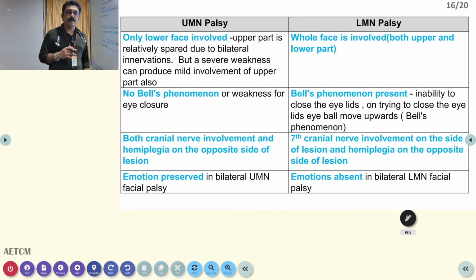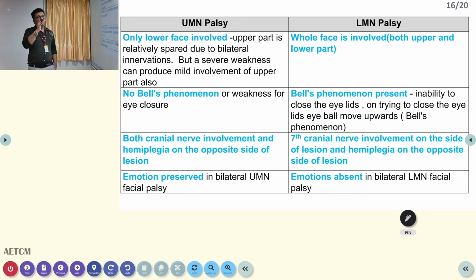In a severe type of stroke, even the upper part is sometimes involved. So that is very important to remember, that anatomy. A right-side lesion can produce left-sided upper limb and lower limb weakness, and left-sided facial involvement. In that left-sided facial involvement, it will be only the lower part of the face. This is called UMN type of facial palsy.